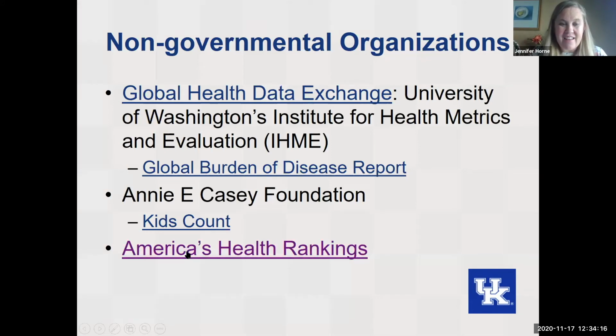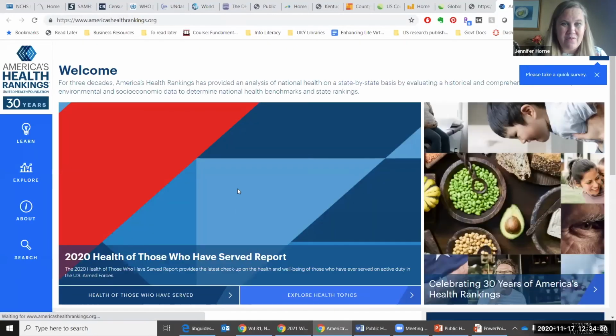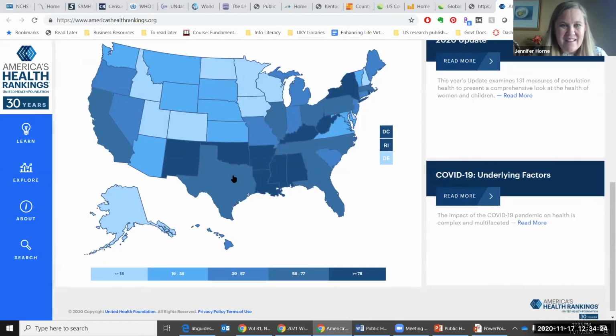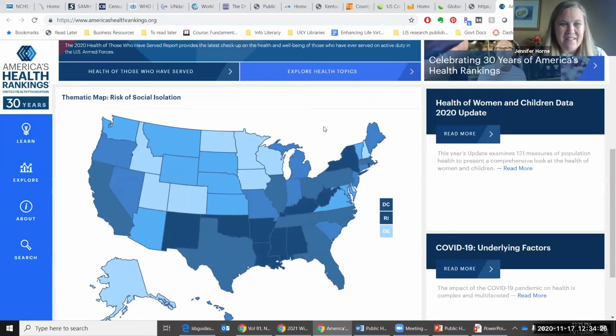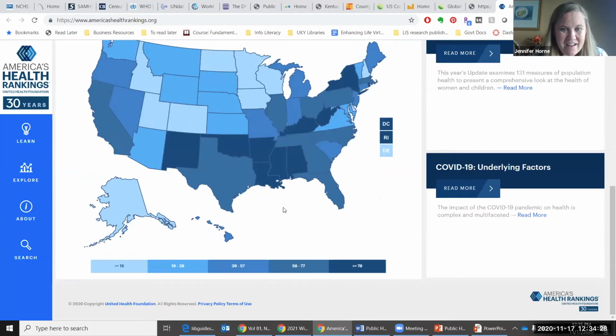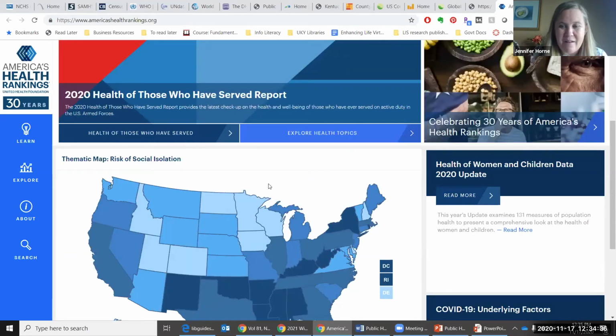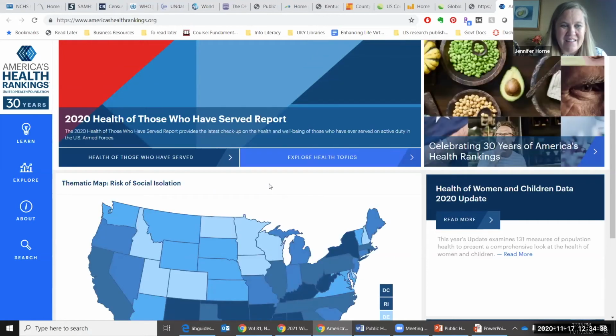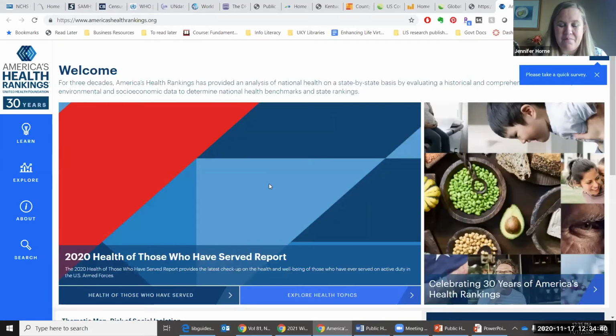They're just taking the data from the government sources and applying some metrics to it. You can see the risk of social isolation right now, we are really high. But you can look to see the source of these, and you'll find that a lot of them are coming from the government sources we talked about.